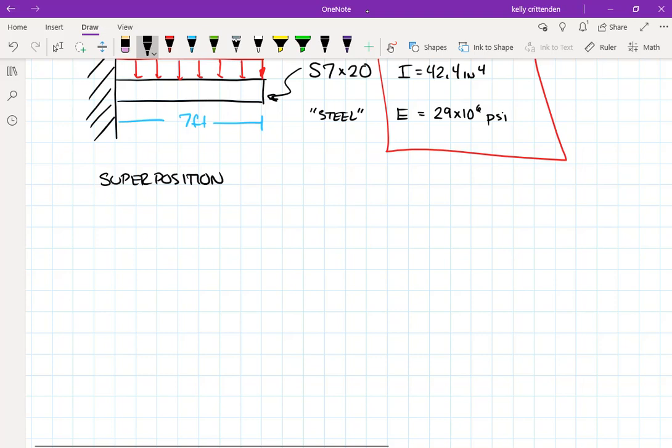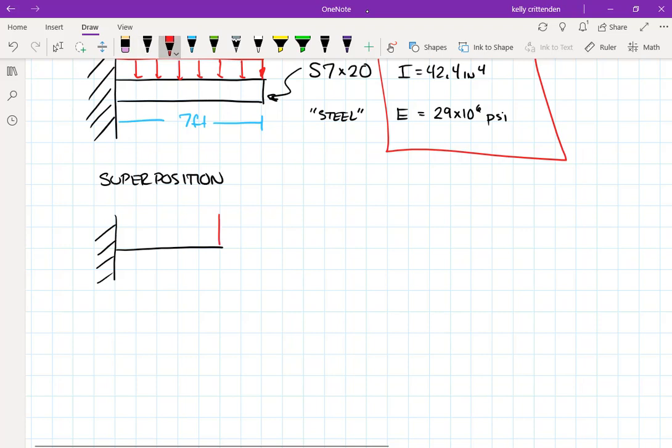So you figure out what the point load does by itself, and you figure out what the distributed load does by itself, and you add them together. And that's all superposition is telling you, that you can add the effects of individual forces or individual whatever they might be. So we go and find, we simplify or change or however you want to think about it.